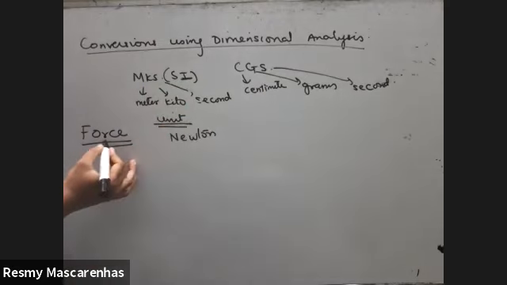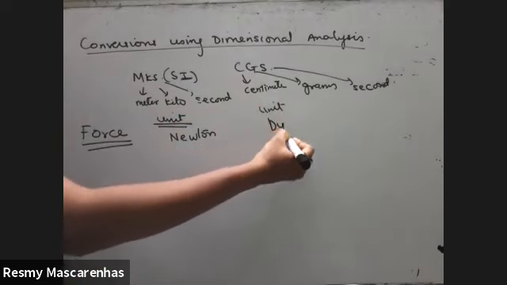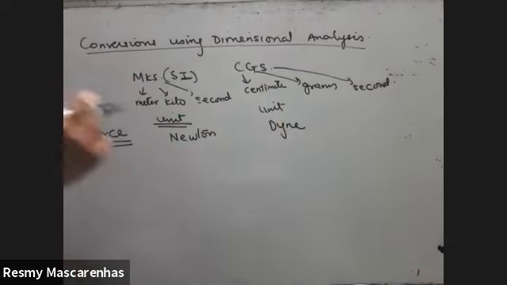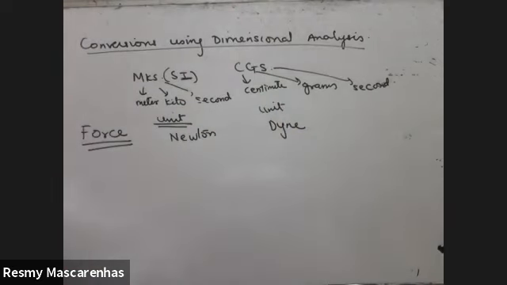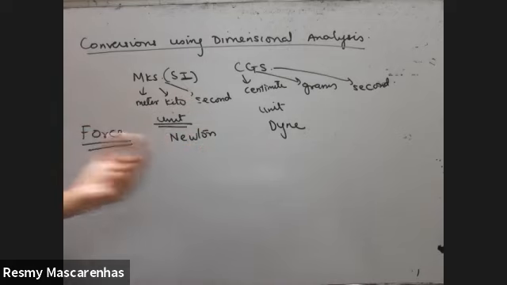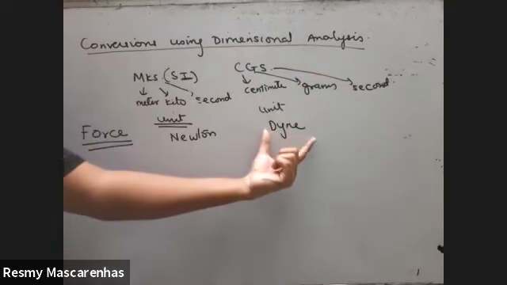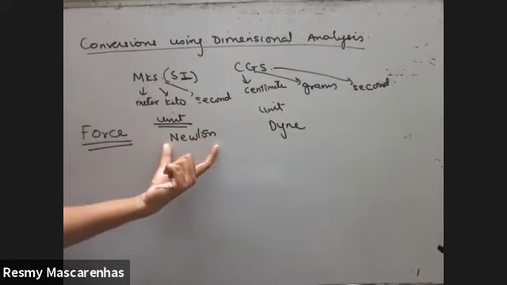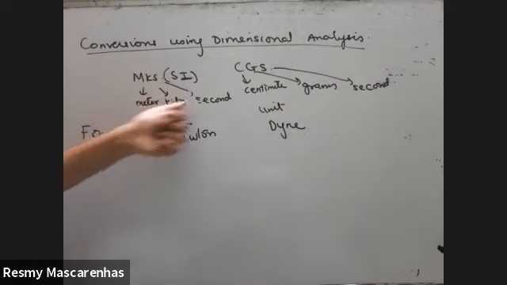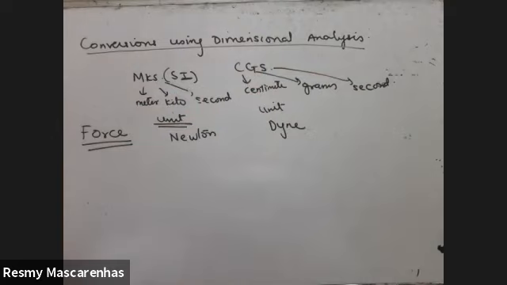But the same thing under the CGS system is called dyne. The same force can be named in two different ways. If you are measuring it in terms of meters, kgs, and seconds, then it is called Newton. If you are measuring that force in terms of centimeter, gram, and second, then it is called one dyne.